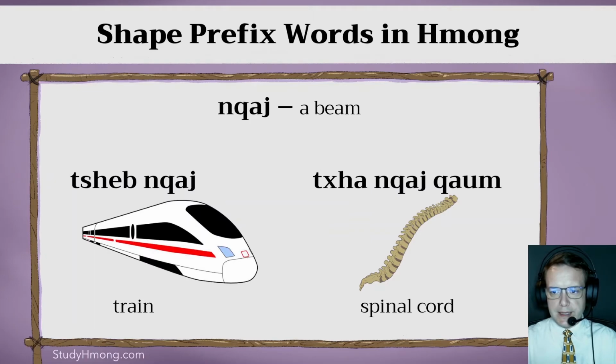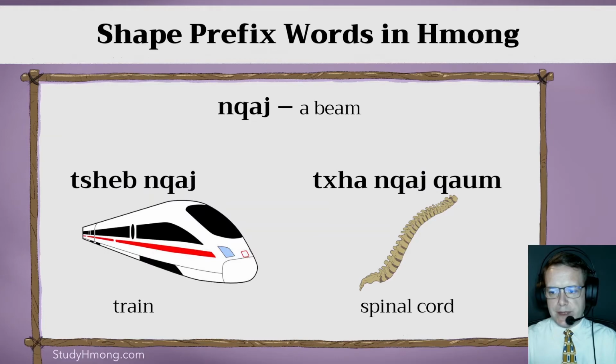Next, we have nqa, which is a beam. It can be vertical or horizontal in different cases. Usually it's a horizontal beam. But we have on the left an example that's non-anatomical. Che nqa. And that is train, a train, which is shaped like a beam.